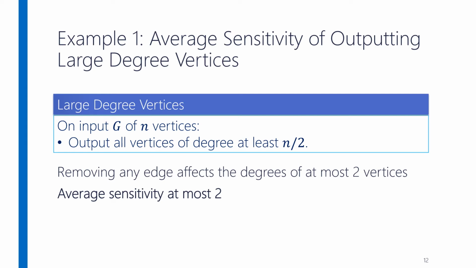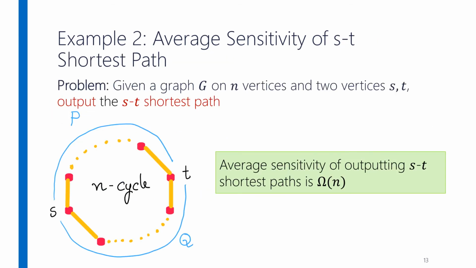However, not all problems have such good stable on average algorithms. Consider the s-t shortest path problem. It is a classical problem with a deterministic polytime algorithm solving it exactly. However, the average sensitivity of every deterministic algorithm for the problem is omega of n. This fact can be easily argued using the graph given on the slide.